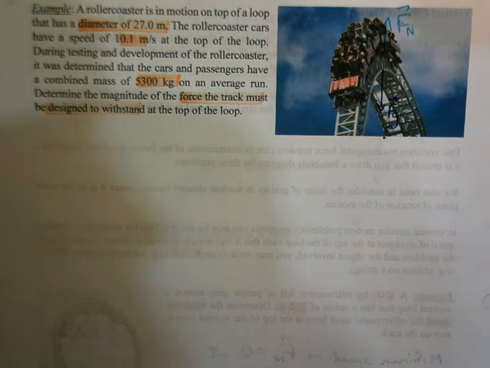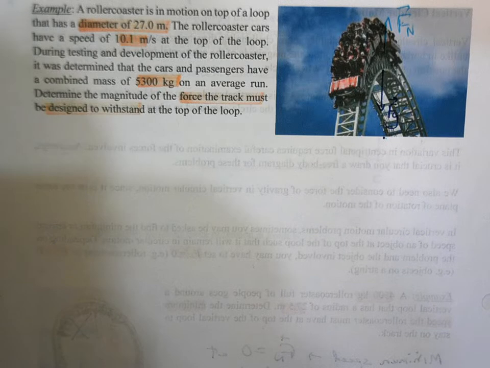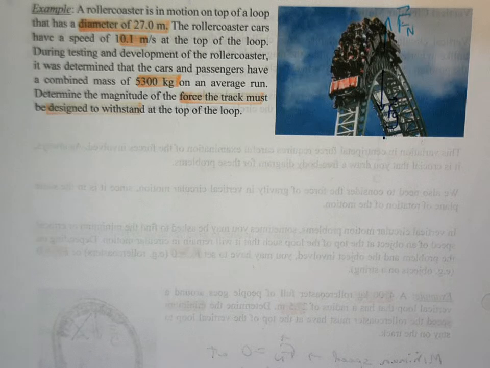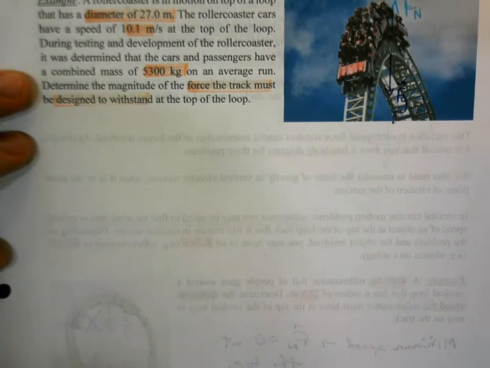Now we're looking for the force that the track has to withstand from the carts. And the normal force tells us the force that the tracks exert on the carts themselves. So if we find that normal force, we're going to find that force that the track exerts on the cars. If we find the normal force, we will find that force that the track has to withstand, because it's a Newton's third law scenario.